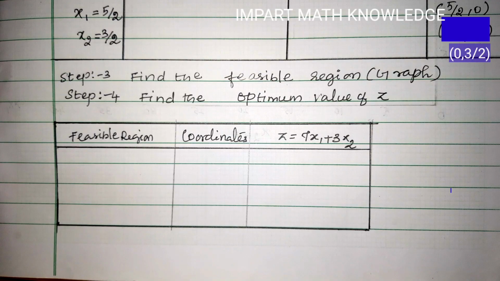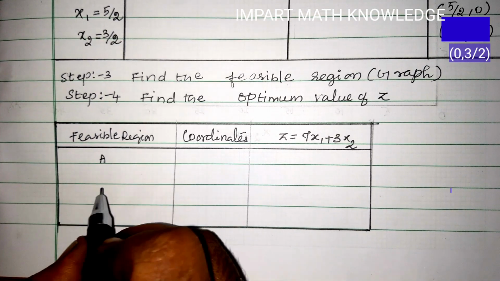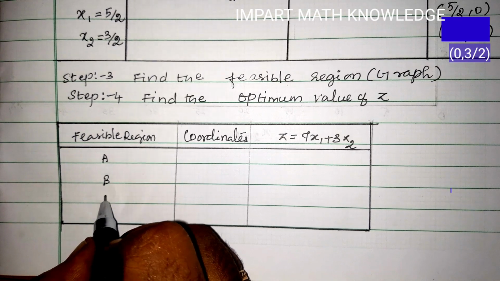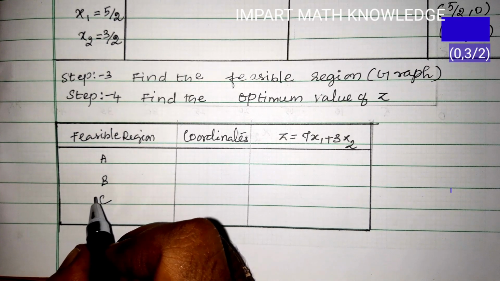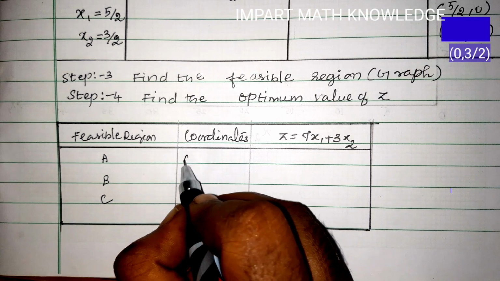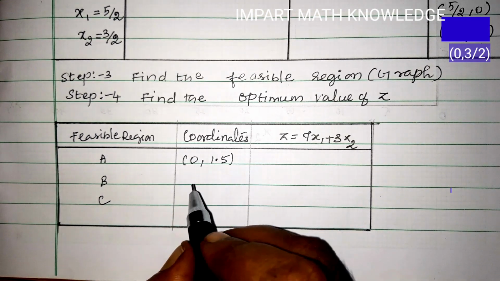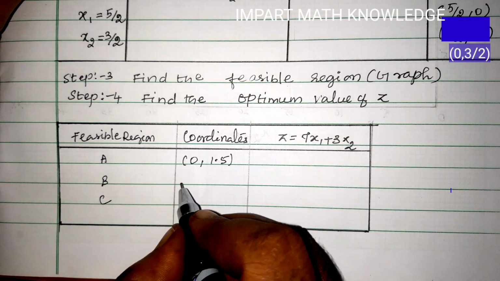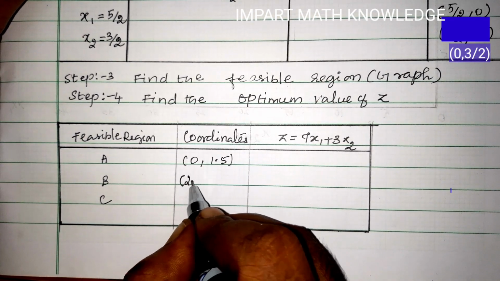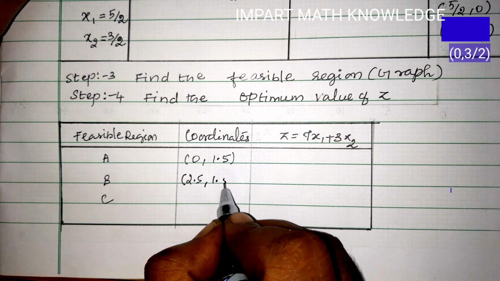Once we identify the feasible region, we have to find the optimum value of Z. Here the feasible region is A, B, C. For A, the point is 0, 1.5. You take this value from the graph. For B, the value is 2.5, 1.5.